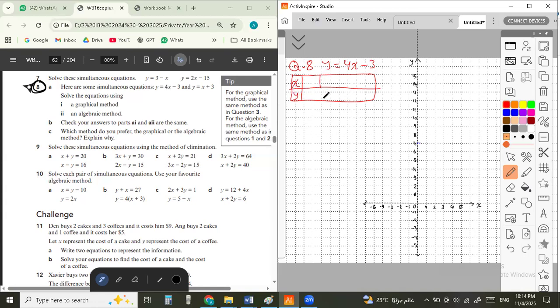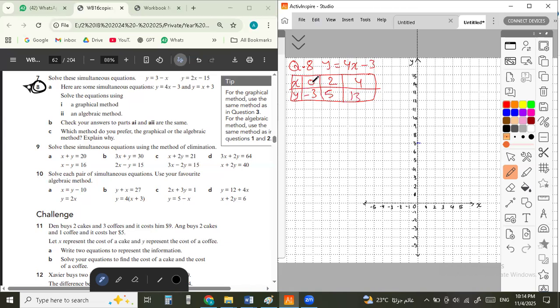Let's try when x is 0, when x is 2, when x is 4. When x is 0, then it is 4 times 0, 0, minus 3, negative 3. When x is 2, then 2 times 4 is 8, 8 minus 3 is 5. When x is 4, 4 times 4 is 16, 16 minus 3 is going to be 13.